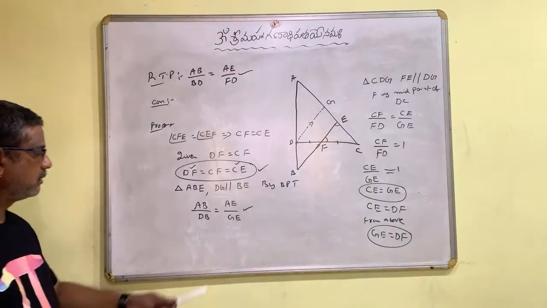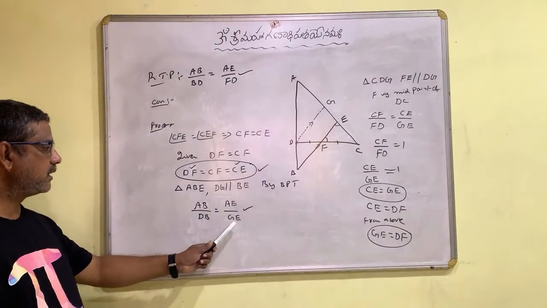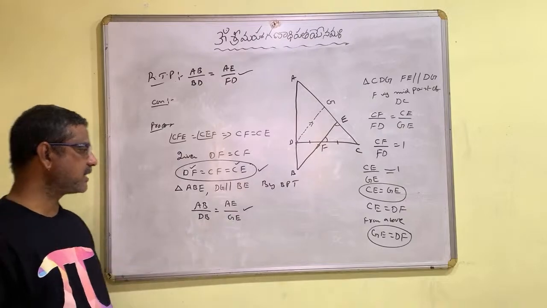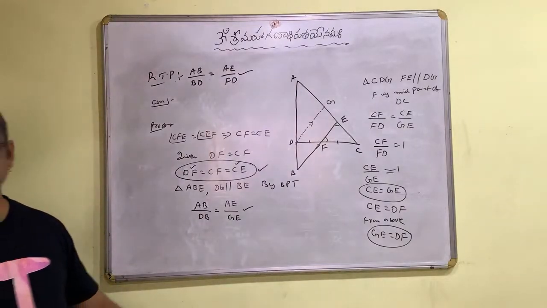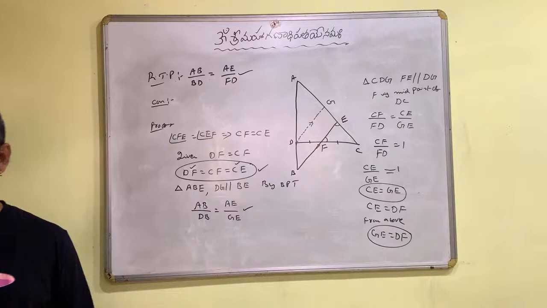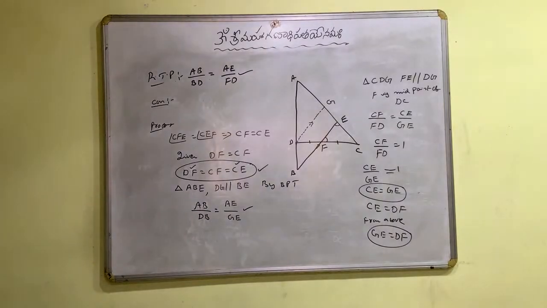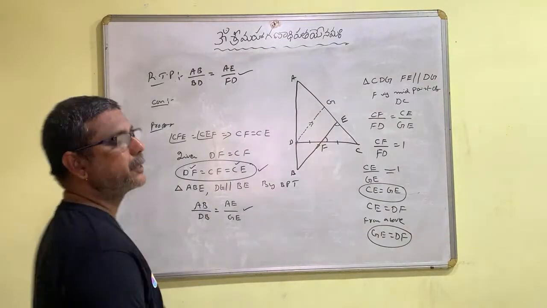So, we can insert DF in the place of GE here.